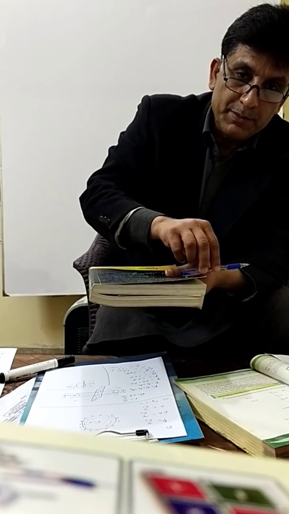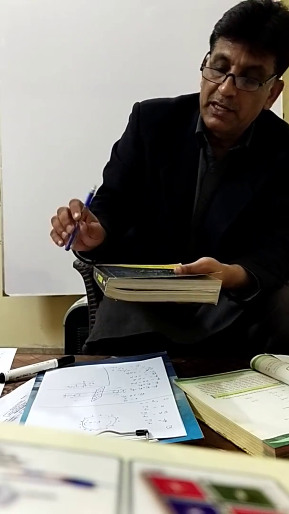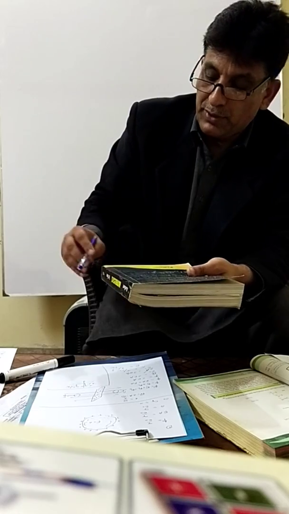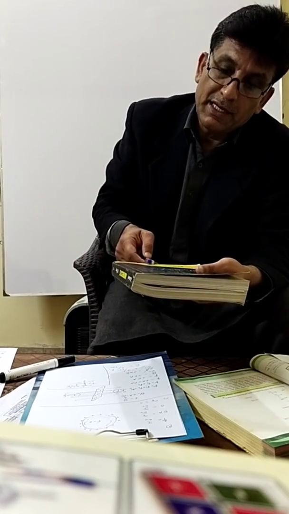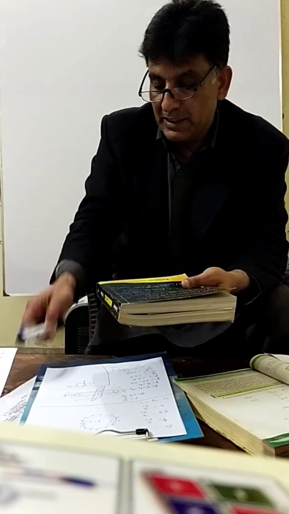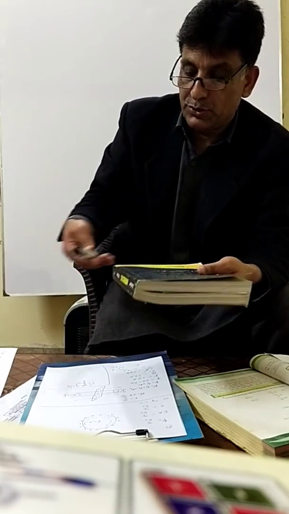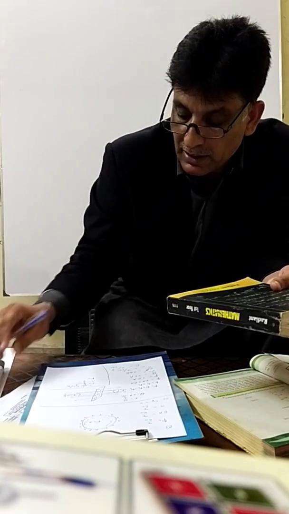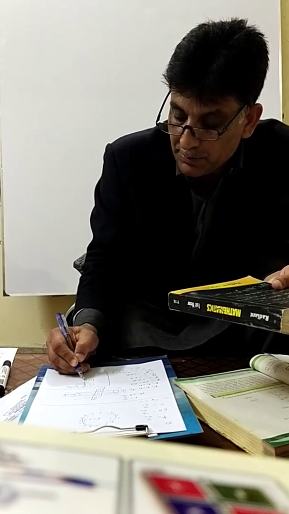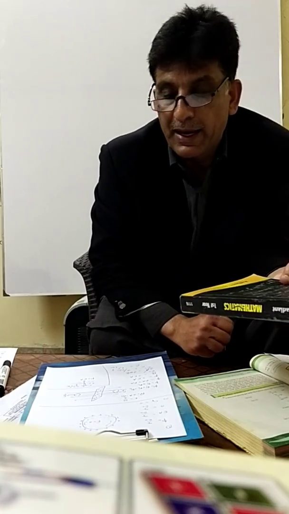Here again it is perpendicular. So for these two surfaces, electric flux will be 0. And what about this surface? For this surface, it will be E into A, because E and A are parallel. So the total electric flux is simply E into A.